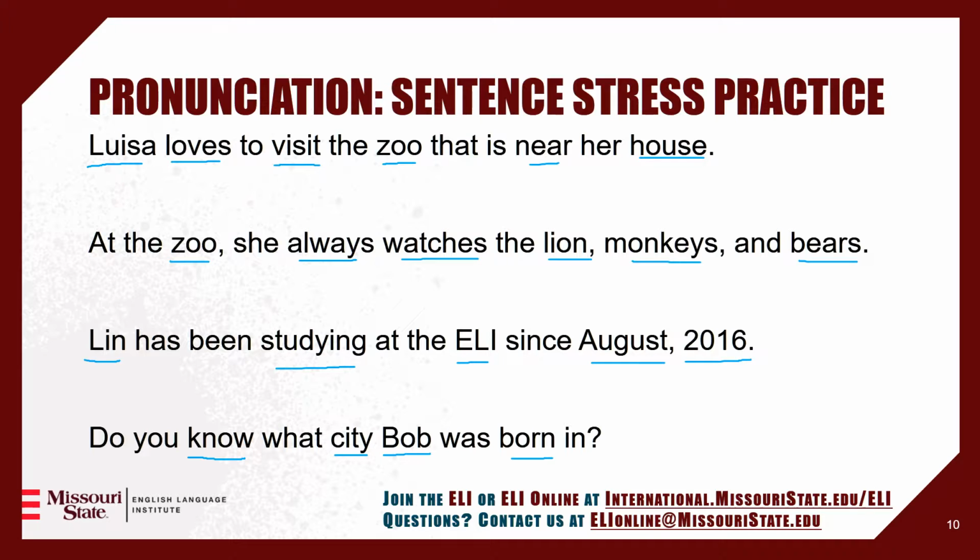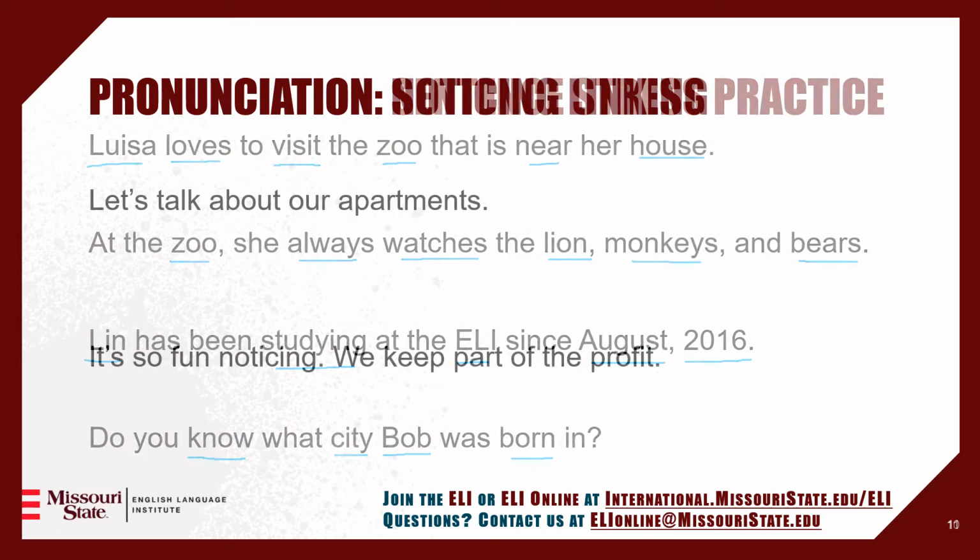I don't stress know very clearly, but I really hit city, Bob, born. So you can pause this again and practice these some more. But it's important to think about which words are the content words that people need to understand your sentence, and you want to say those clearly. Let's move on.